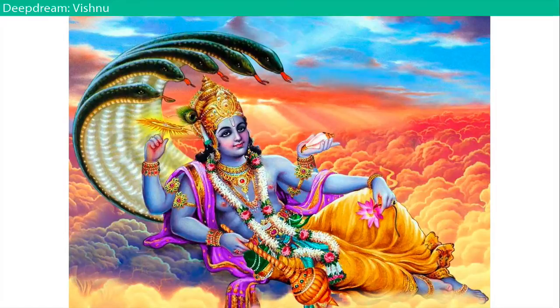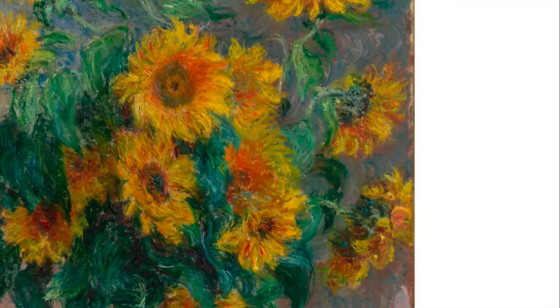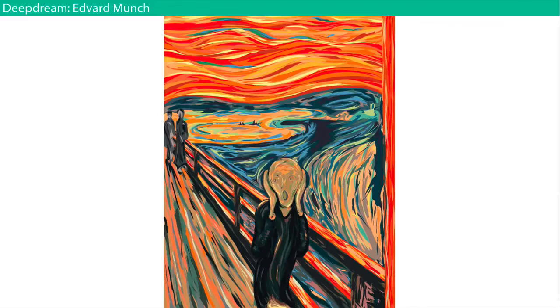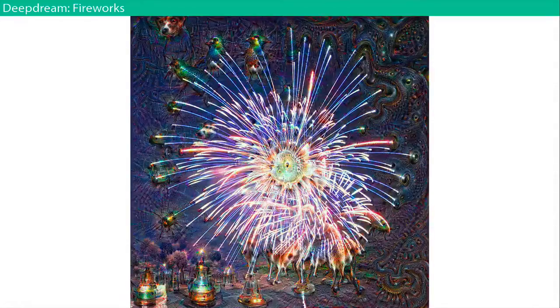I'll just show some of the pictures that I made. This is Vishnu. And you just get wild puppies, slugs, and dogs, and just kind of crazy features. You see the repetition. Monet, Egon Schiele. I want to flip through these quickly. I probably included way too many. This is just some pictures of fireworks.